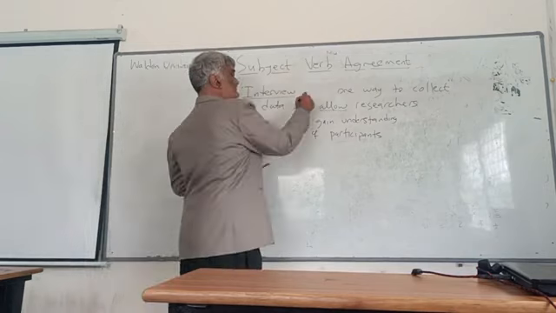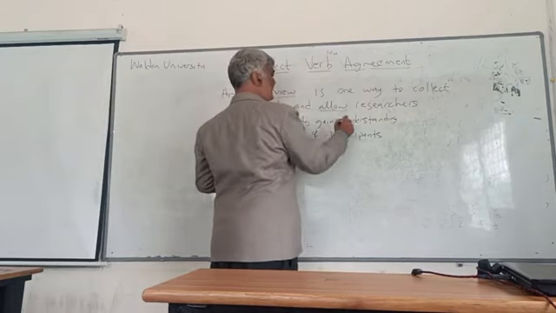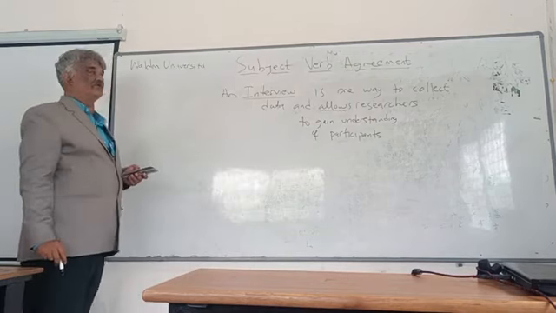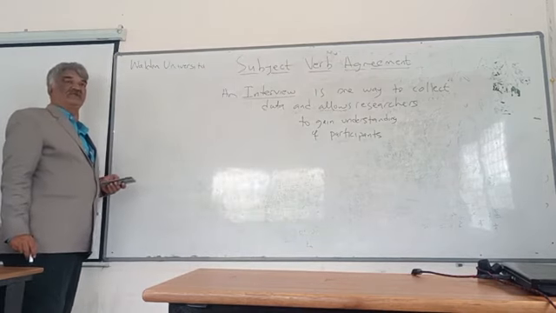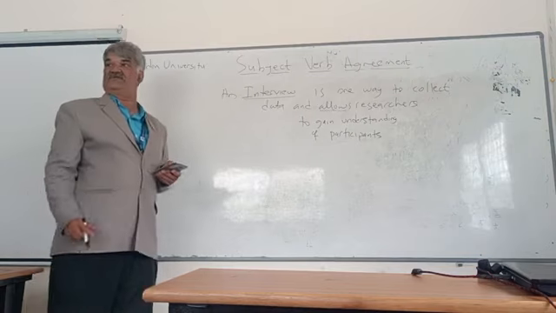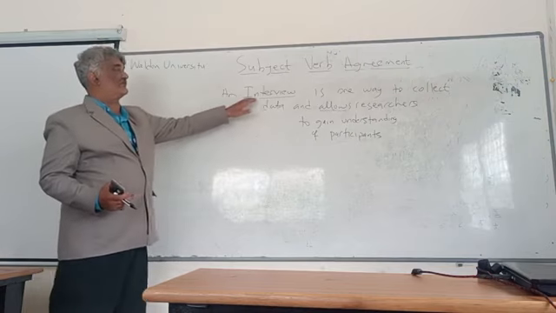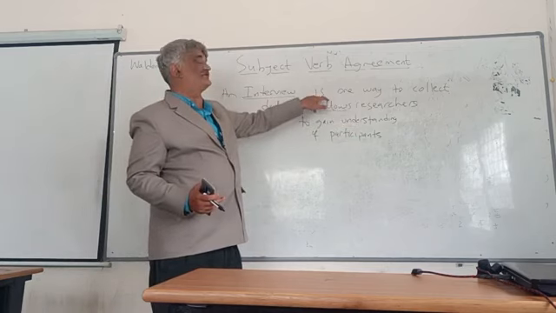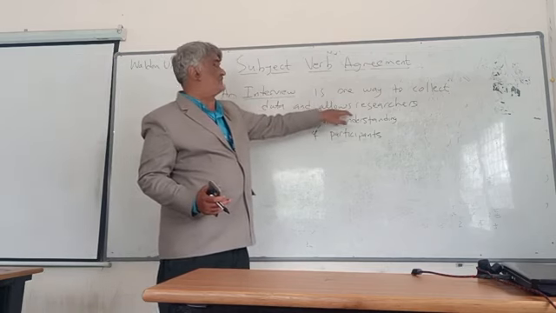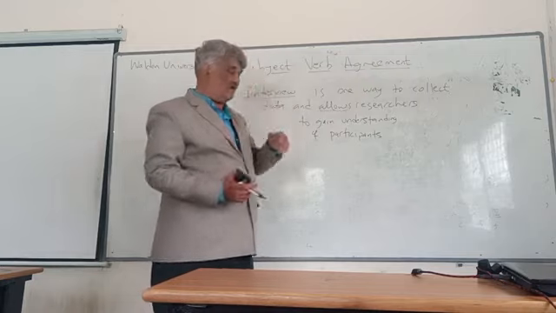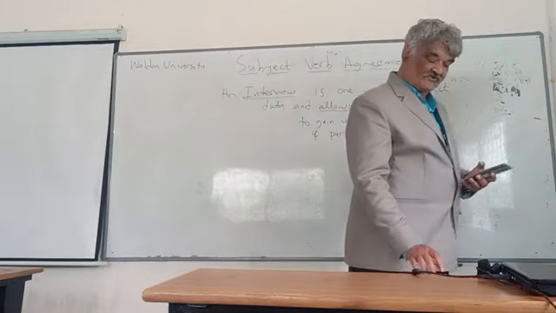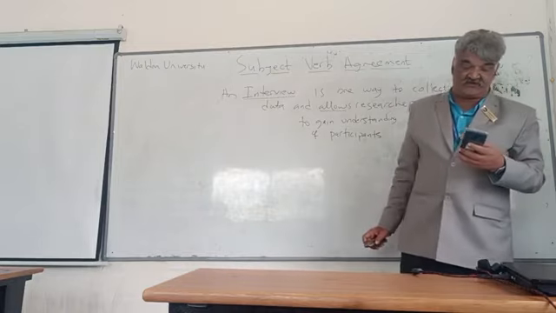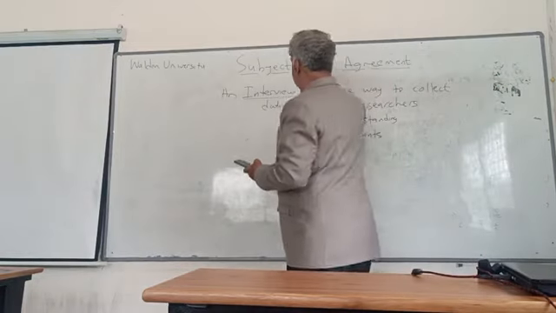An interview is one way to collect data and allows researchers to gain understanding of participants. Now what happens? The subject becomes singular, the verbs become singular. This is singular because it ends in S. This is also singular because it ends in S. Right? So that is the fourth rule. Right?